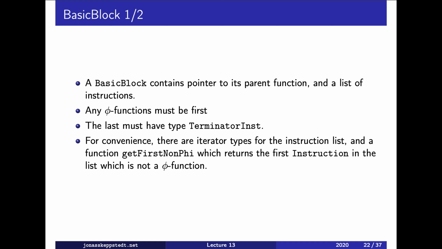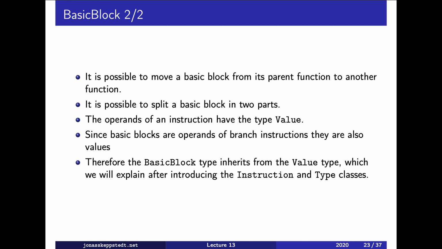And then there are lots of convenience types and functions to get the first non-phi function, for instance, and an iterator to get through this list of instructions. And there are, for instance, functions to move one basic block from its parent to another function, or to split a basic block in two parts.